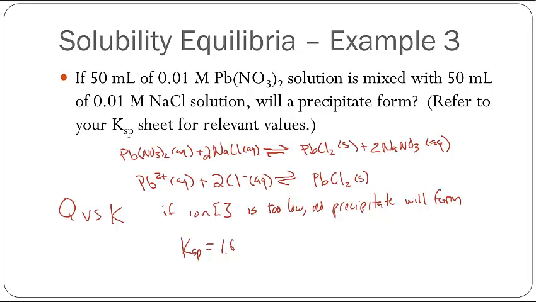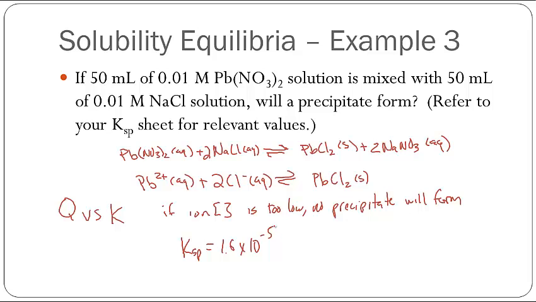I have something times 10 to the minus 7th, but I could be wrong. PbCl2, what is it? 1.6 times 10 to the negative 5th? Okay, cool. All right.